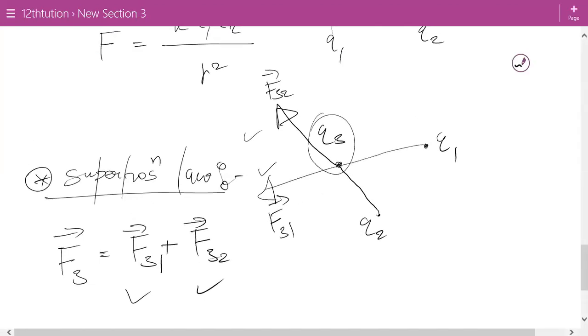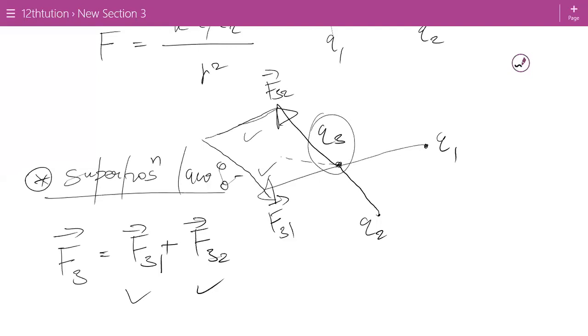Let me tell you how to add vectors again. Parallelogram law of vector addition. So this will be the resultant vector.